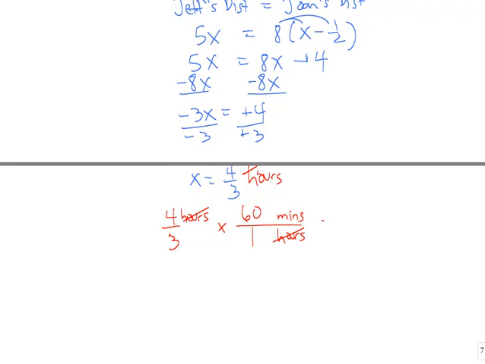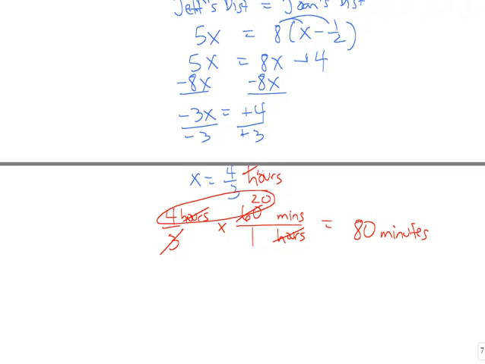So to figure out how many minutes 4/3 of an hour is, we're going to multiply 4/3 times 60. You can do that on a calculator. I'm going to do it by hand, and I'm just going to do some simplifying before I multiply. 3 divides into 60 20 times, and what's left over is 4 times 20, or 80. And this is 80 minutes. So 4/3 of an hour is really the same as 80 minutes.